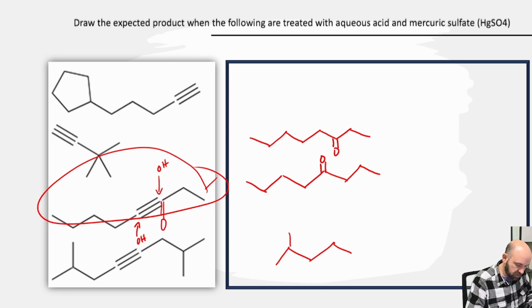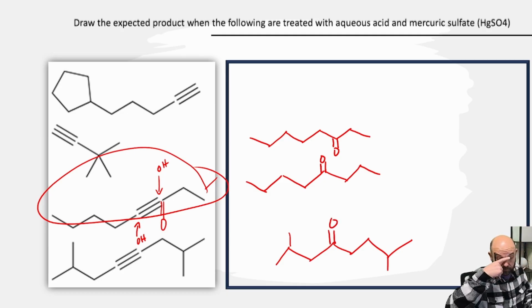So there are 8 carbons in the main chain, with methyl groups on either end. So that would be the one single product of that acid catalyzed hydration.